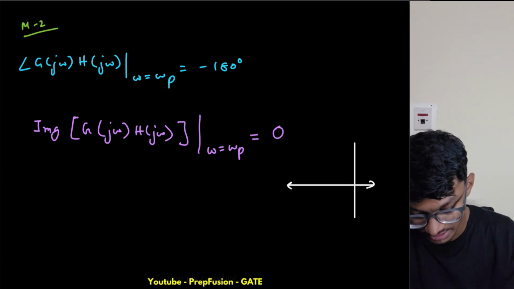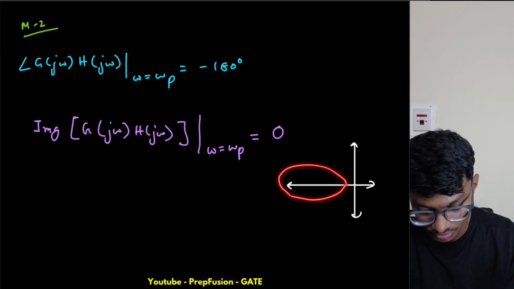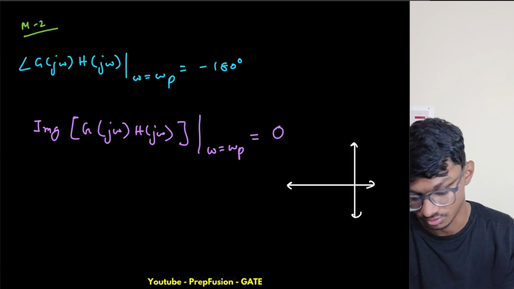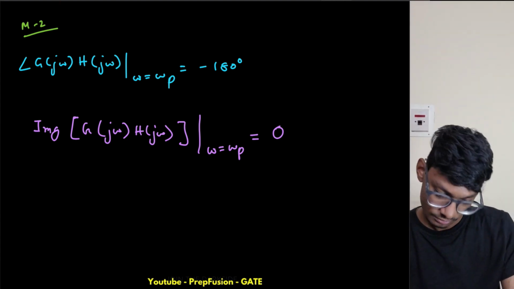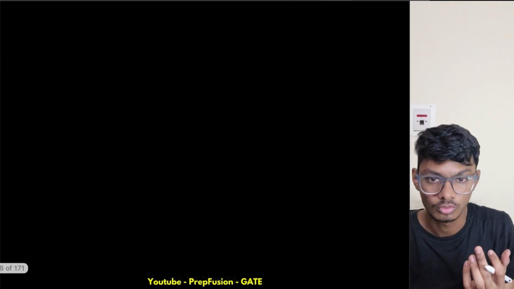I don't know the exact gain or magnitude, but it is lying somewhere on this axis, and on this axis the imaginary component is 0. So how to do that? What is my g of s into h of s?